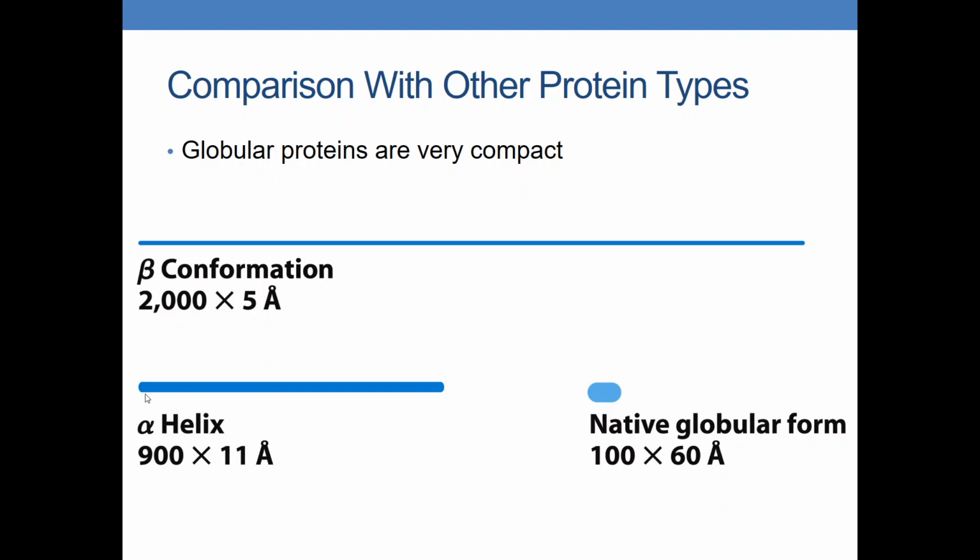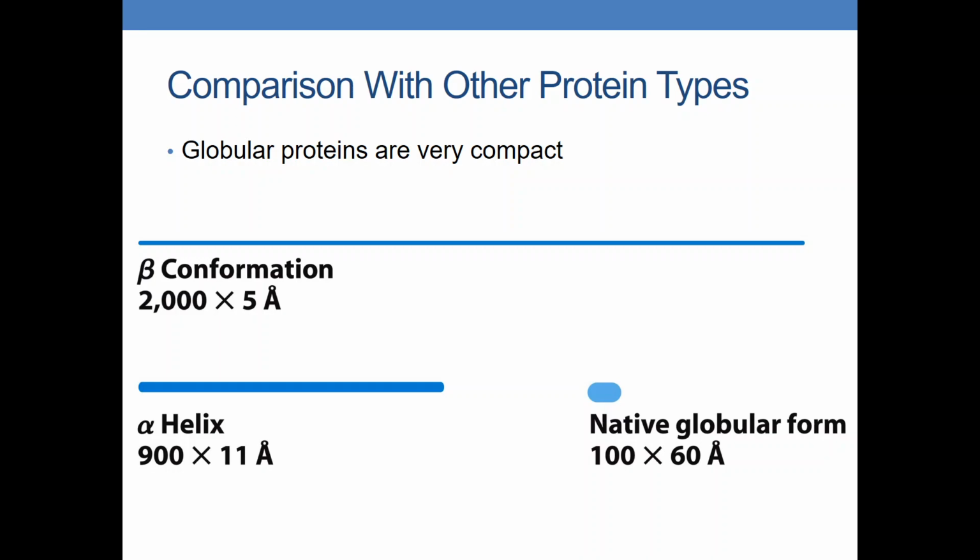Fibrous proteins built from the alpha helix, think alpha keratin, are a little bit more compact due to the alpha helical secondary structure. Remember, the alpha helix is not as extended as the beta sheet is. So in that case, you're looking at 900 angstroms long, about 11 angstroms tall. Okay, cool. So what I've established so far is that fibrous proteins of the beta type are very long.